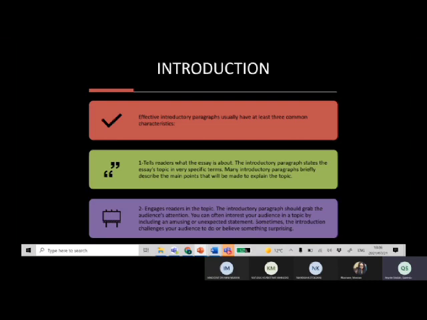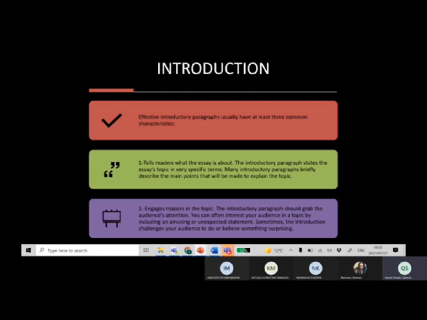Secondly, your introduction in this type of essay needs to engage the reader, right? The introductory paragraph should grab the audience's attention. You can often do this by including an amusing or unexpected statement. Sometimes the introduction challenges your audience to do or believe something surprising, right?